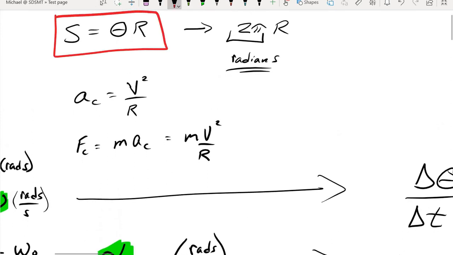Arc length relates the angular displacement to the size of the wheel. In this case, we had a radius of 0.25 meters. And so if I know how much of an angular displacement that the wheel goes through, all I have to do is multiply that by the radius of the wheel, and I'll get an arc length.